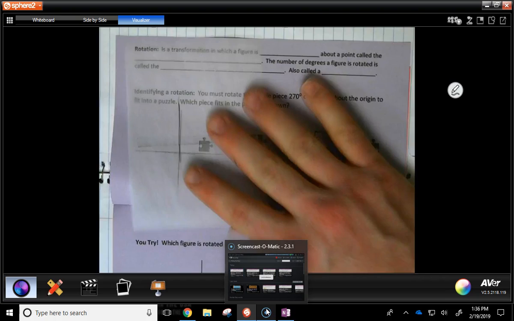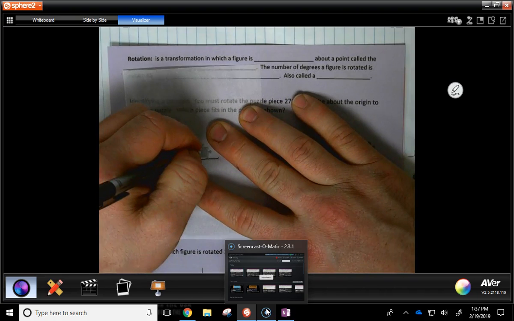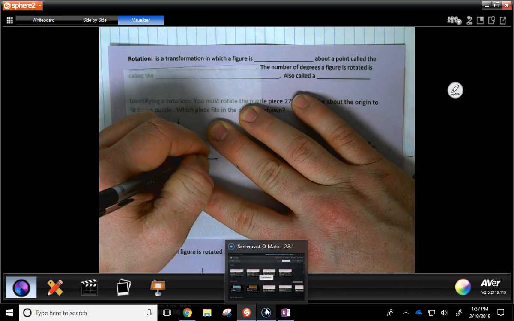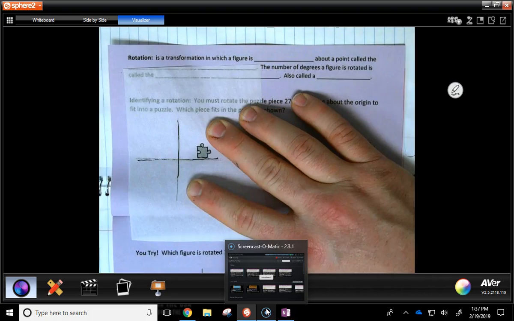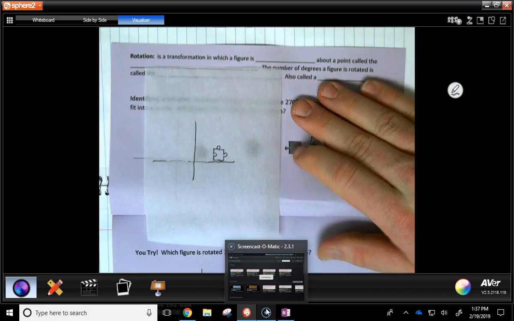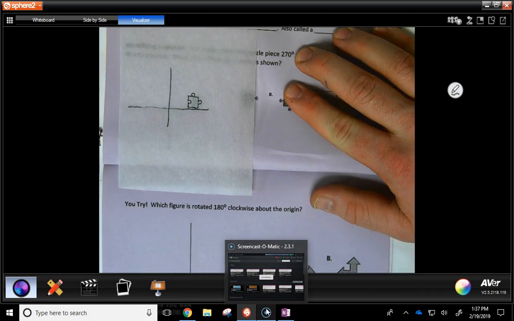Okay, we've copied down our X and Y axis, and I'm going to copy down my piece. Once you have this, what it's asking you to do, I want you to see if you can find the correct answer.